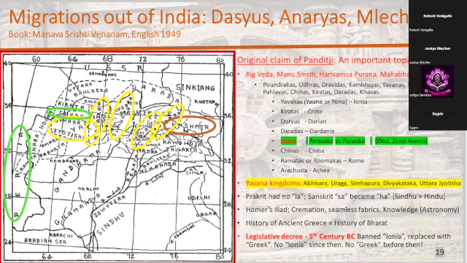You'll also find that there was cremation in ancient Europe. You find that they had seamless fabrics. See, the thing in India is Indians did not wear stitched clothes. They did not wear tailored clothes. They wore single fabrics like a dhoti, like a sari, which did not require cutting and stitching.